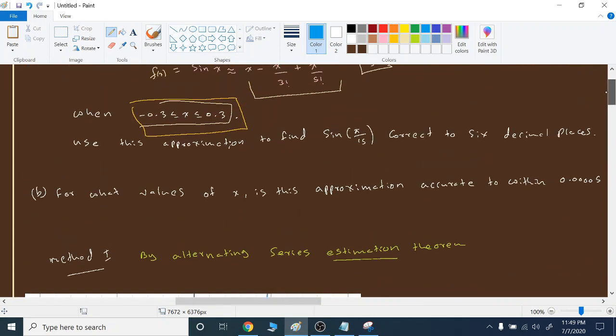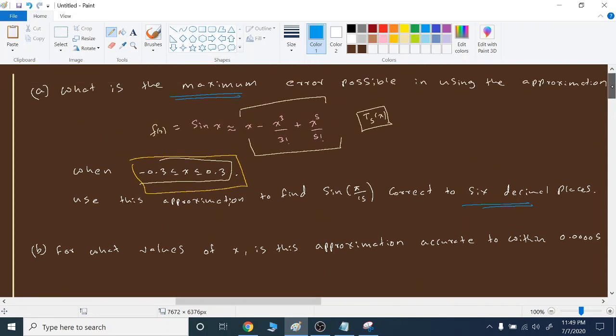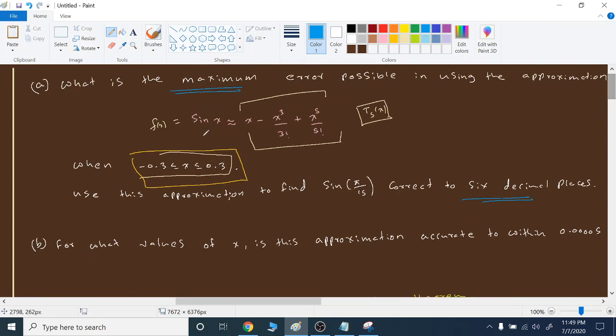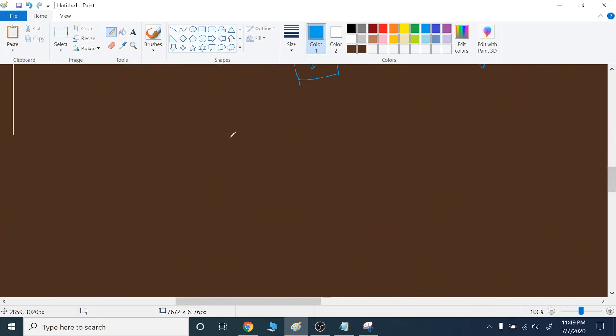And then it asks to use this approximation and find the value of this one correct up to 6 decimal places, right? Now we already know that we can approximate the sine values through this one. So what we do is, in order to calculate sine pi over 15, we substitute it in our polynomial approximation, right?